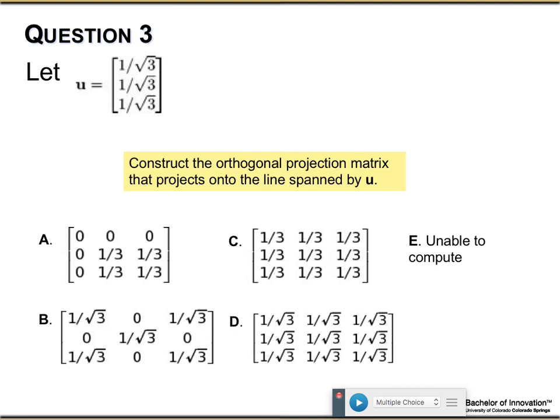Construct an orthogonal projection matrix that projects onto the line spanned by U. How many people have no idea how to solve this problem?